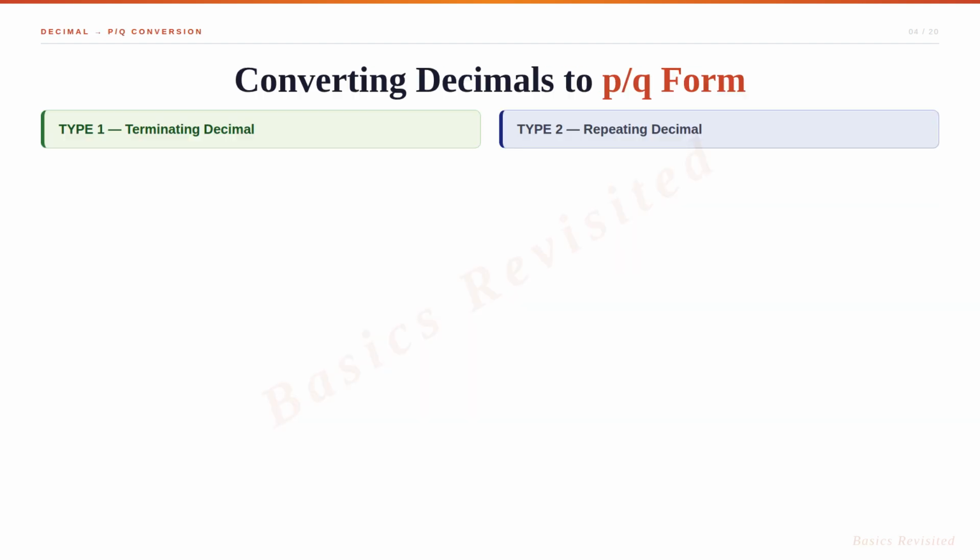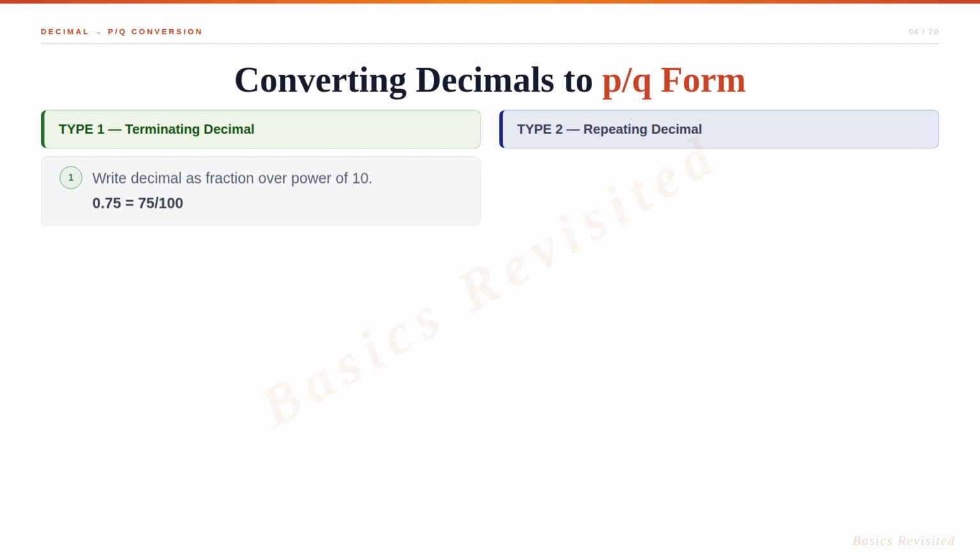Now let us understand how to convert a decimal number into the p over q form. There are two types: terminating decimals and repeating decimals. We handle each differently. Type 1, terminating decimal. Step 1. Write the decimal as a fraction over a power of 10.